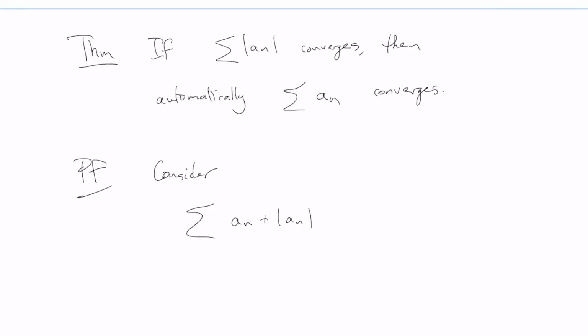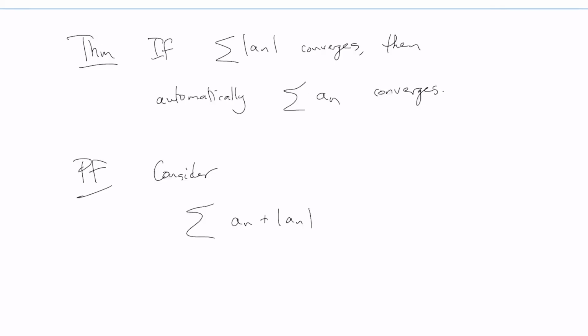I would say if the number is positive already, then you're just adding these up and you get 2 times an, right? If you have one positive number and you're adding it to itself, you get 2 times that number. Or what if this number was negative to begin with? Then you're taking a negative number and adding its own absolute value, which is the positive version of that same number. They will cancel and you'll get 0.